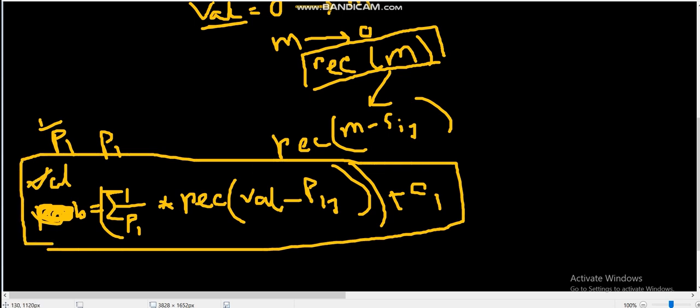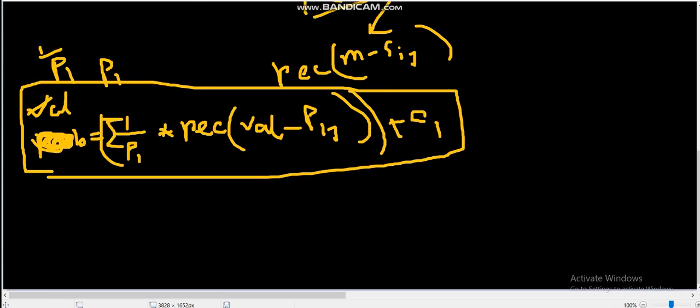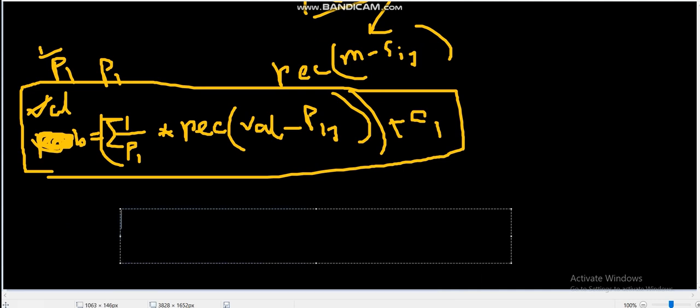Let me clear it out again. Let's say our value dp(val, i), where i is the wheel number, is nothing but the sum of 1 by P_i times the recursion of val minus S_ij, taking the sum over j, plus C_i.